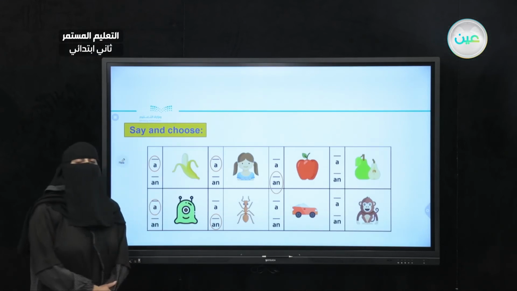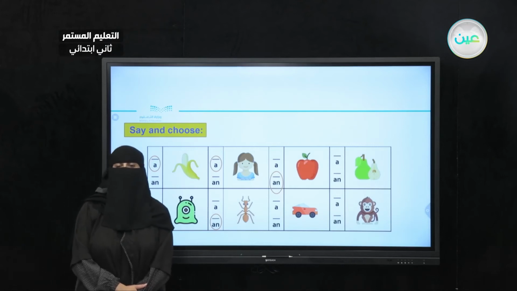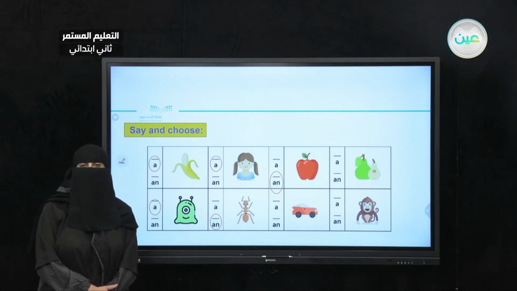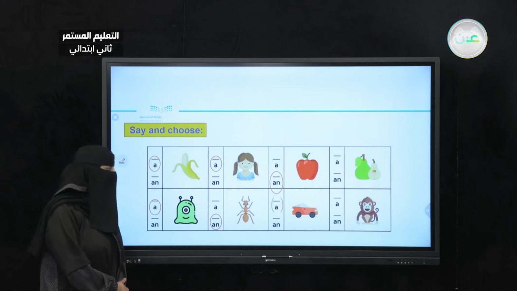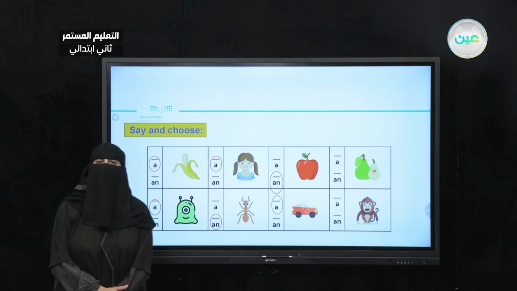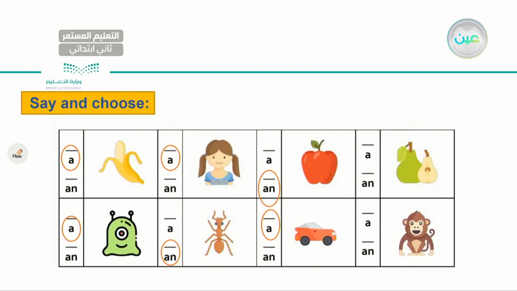Next picture, I have car. Singular, car. It starts with a consonant. So, that's right. A car. Very good. Next one I have pear. Singular, so it starts with a consonant. A pear. Very good. Next one I have monkey.